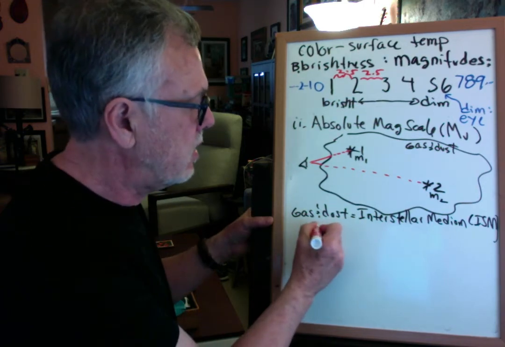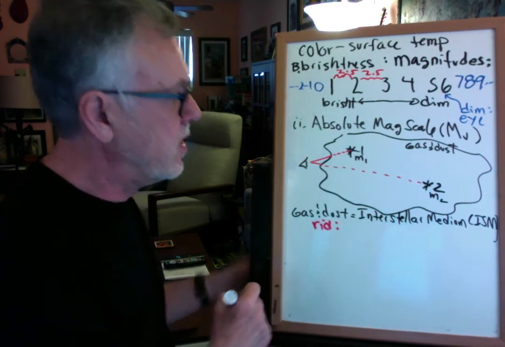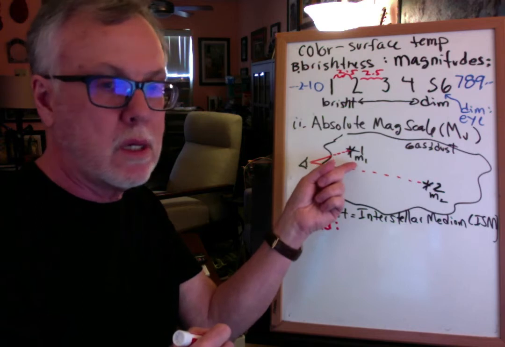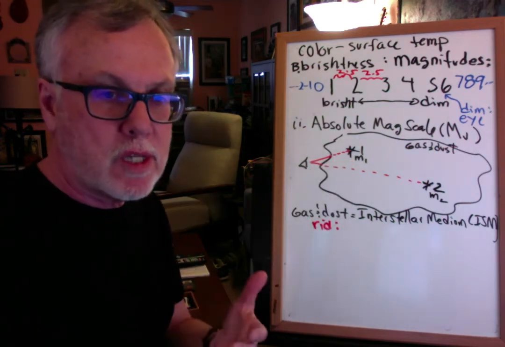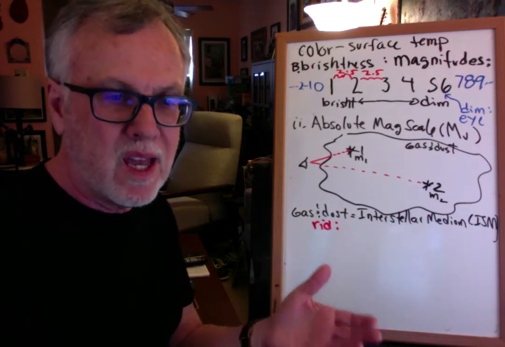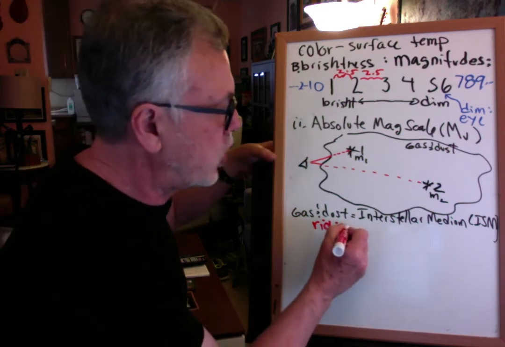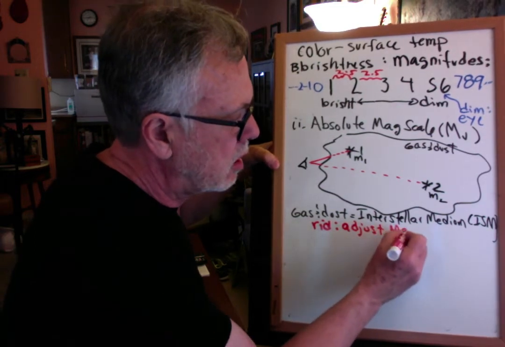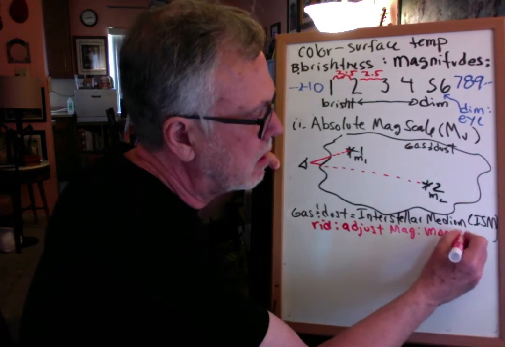So to rid ourselves of the gas and dust, I would have to adjust the stars' apparent magnitudes. And of course, will the stars get dimmer or brighter if I got rid of the gas and dust? And the answer to that, of course, is that it would get brighter. So we would have to adjust the magnitudes more negative to make it brighter.